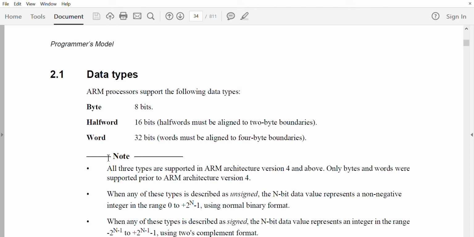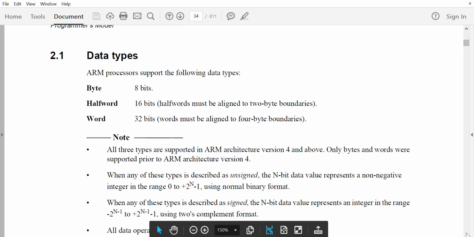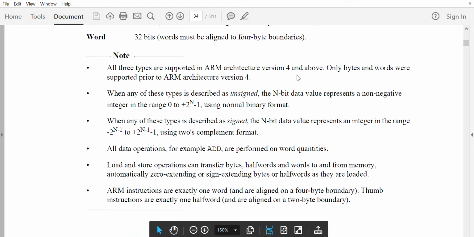So why do we have this word and half word? That is because ARM supports two types of instructions. One is the ARM instruction, which is the 32-bit long instruction, and the other is the thumb instruction, which is the shorter version of the instruction. Then you have the byte, which is 8 bits. ARM supports all of these, especially for version 4 and above.